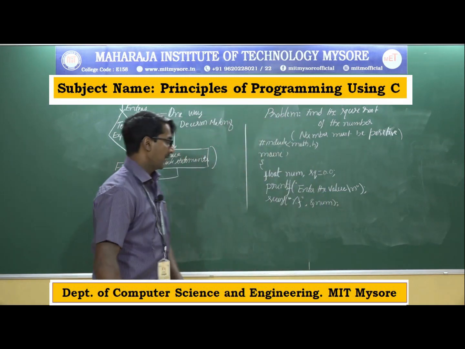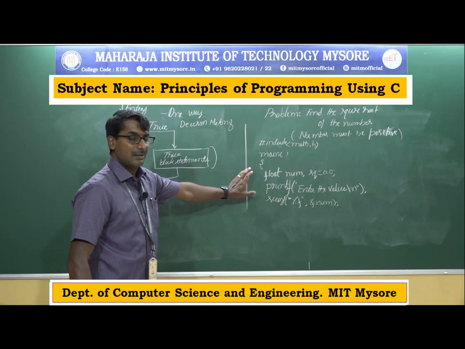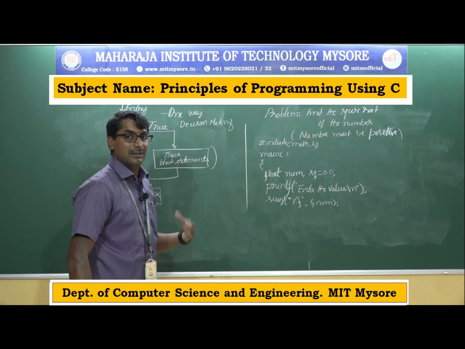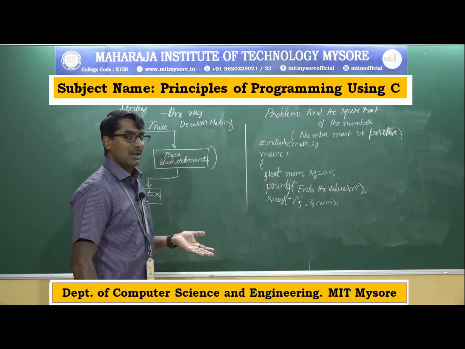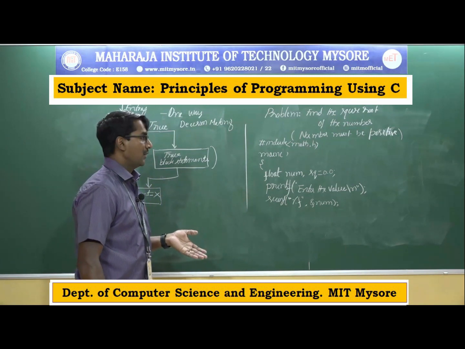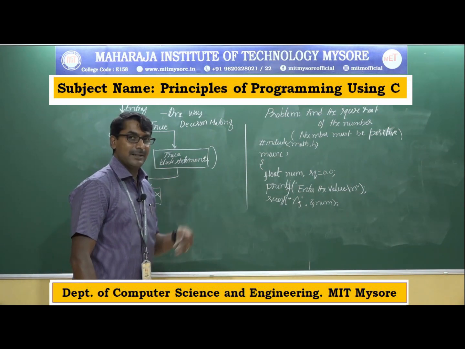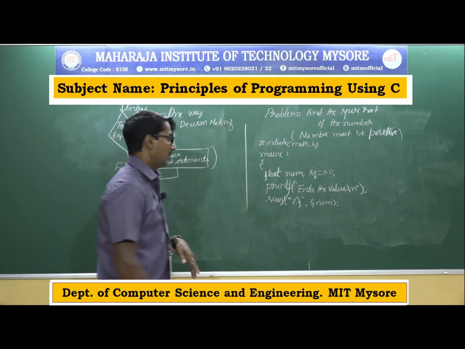Now I need to check whether the value of num is greater than 0 or not. If it is greater than 0, then the number is a positive number. If the number is less than 0, then the number is negative.